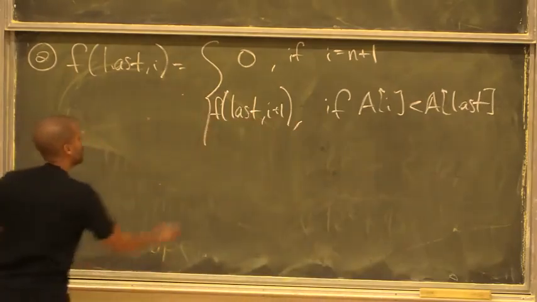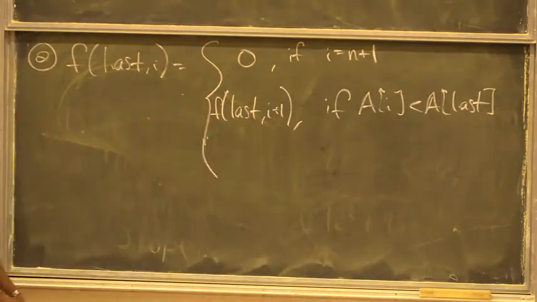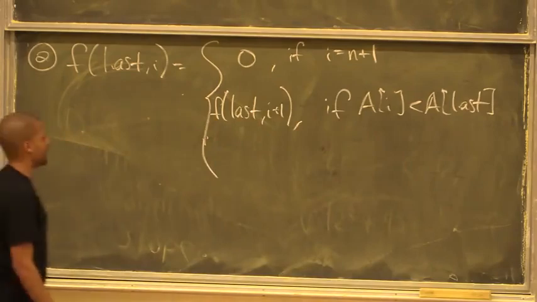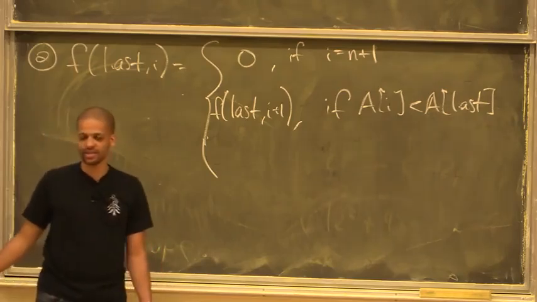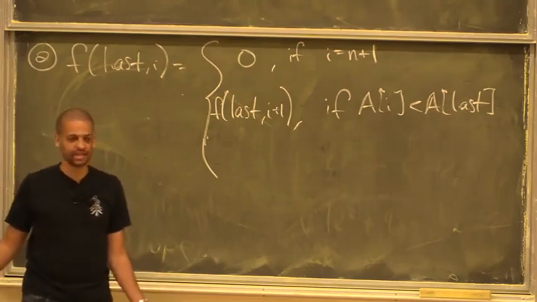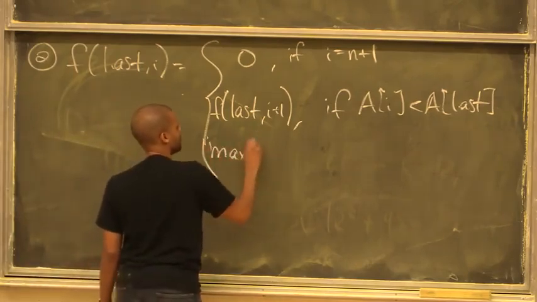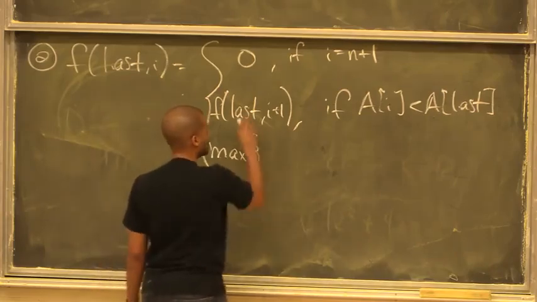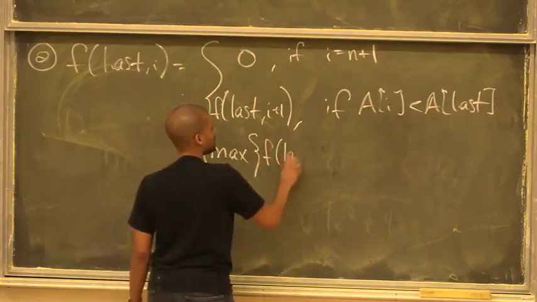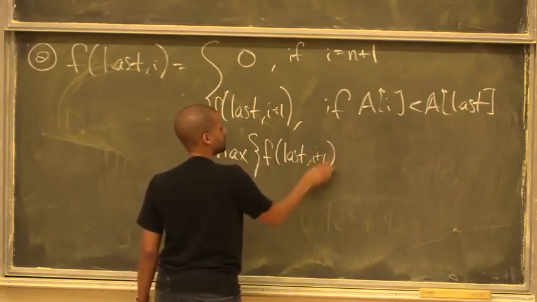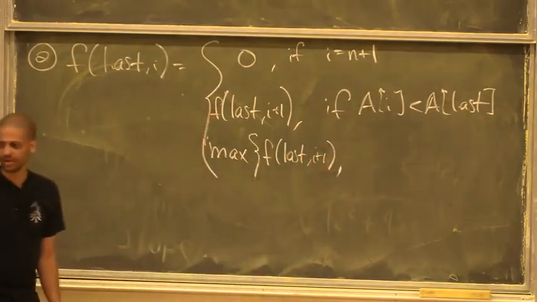Okay. Otherwise, I am allowed to consider taking it. I'm allowed to try both possibilities. And then I'm trying to find the longest increasing subsequence, so I'll return the max of the two possibilities. So the max of two options. One option is that I don't take it, which is just f(last, i+1). Right?